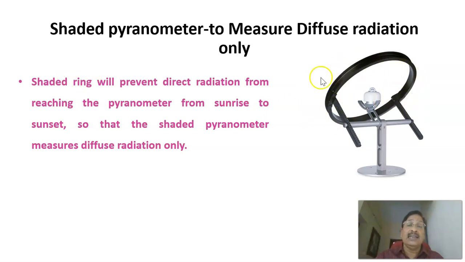The shaded ring prevents direct radiation from reaching the pyranometer from sunrise to sunset, so that the shaded pyranometer measures diffuse radiation only. That is, the shaded pyranometer measures only the diffuse radiation, blocking the direct radiation.